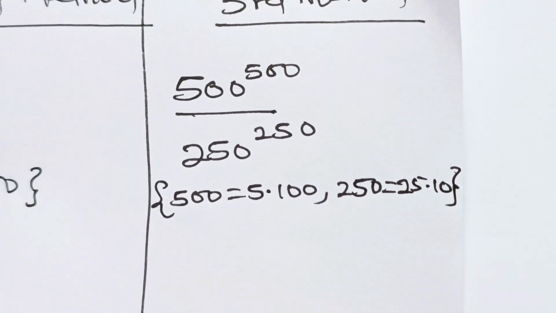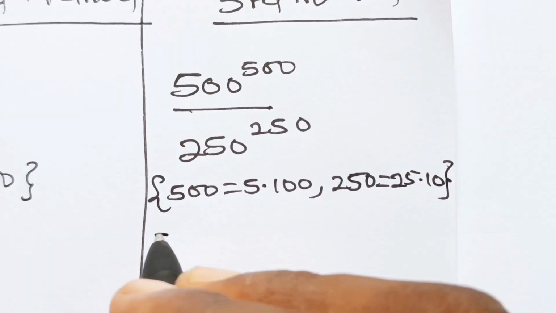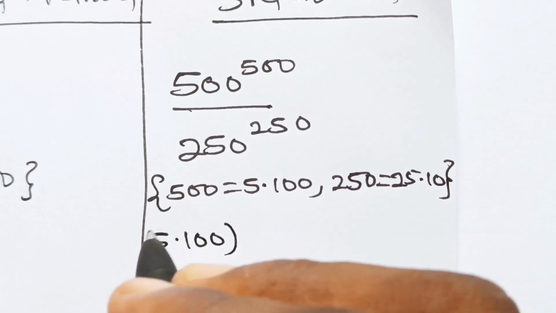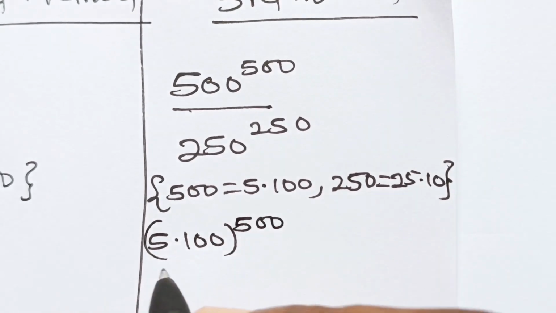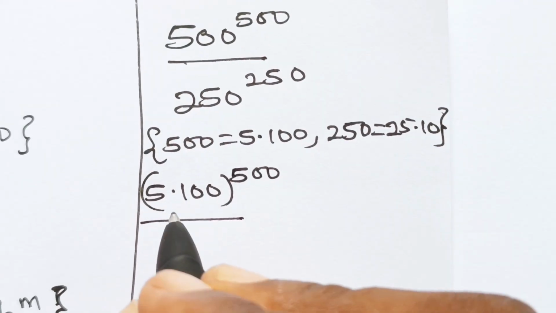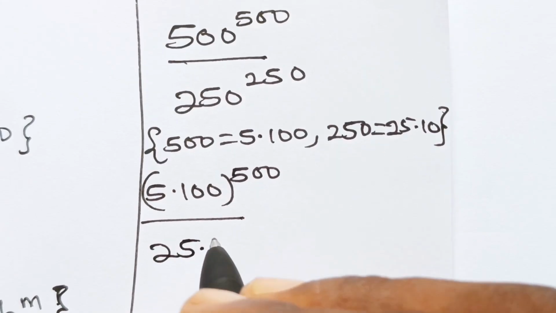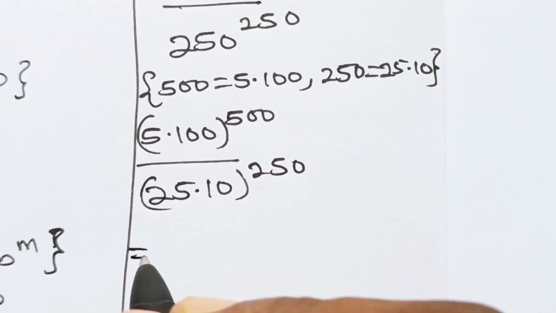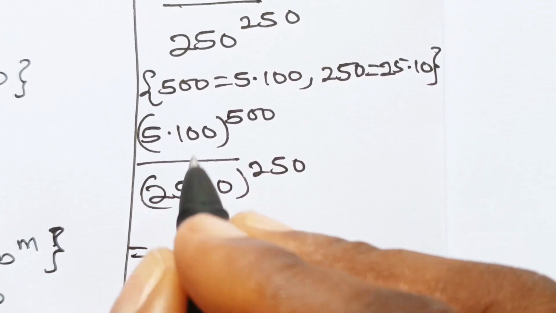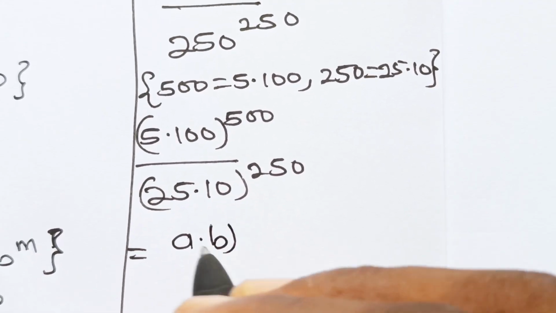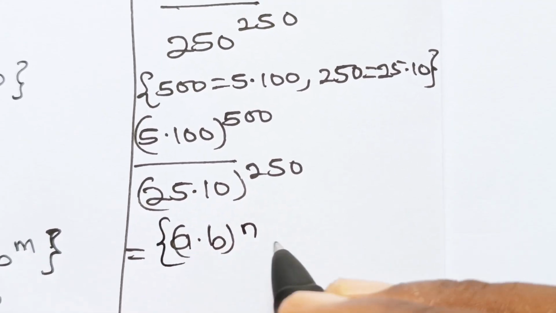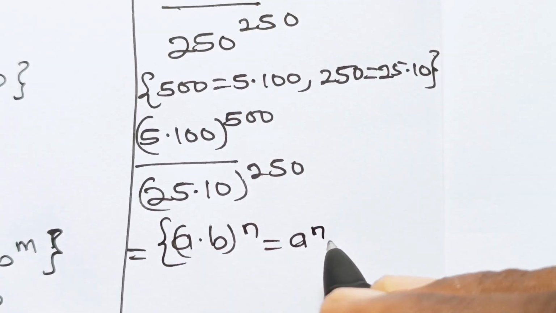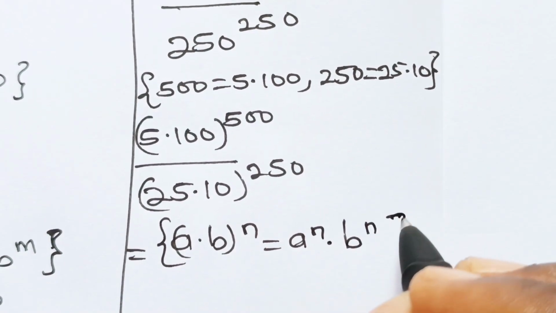So that means we can write this as 5 multiplied by 100 raised to the power of 500 divided by 25 multiplied by 10 raised to the power of 250. So this is equal to, remember that A multiplied by B raised to the power of n is equal to A to the power of n multiplied by B to the power of n.